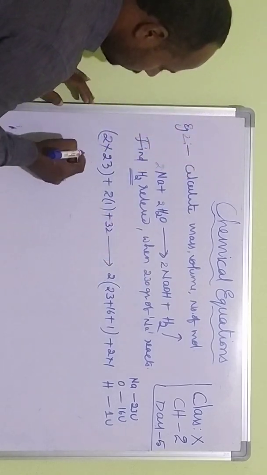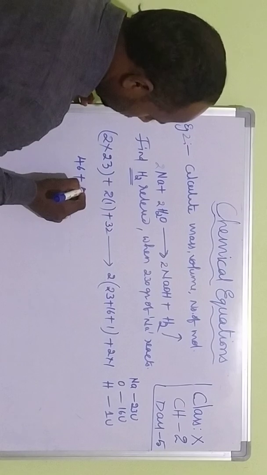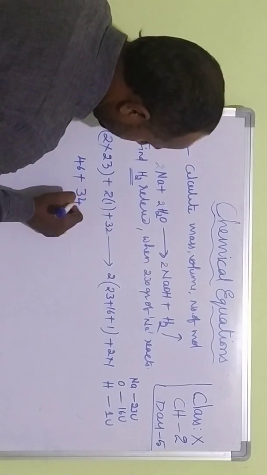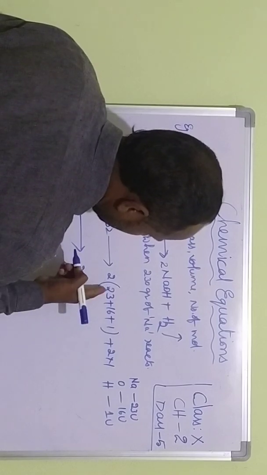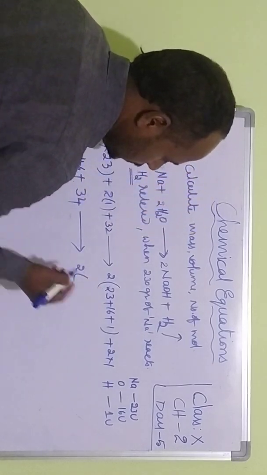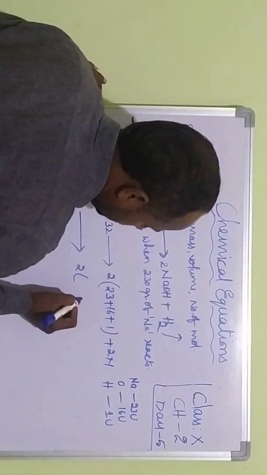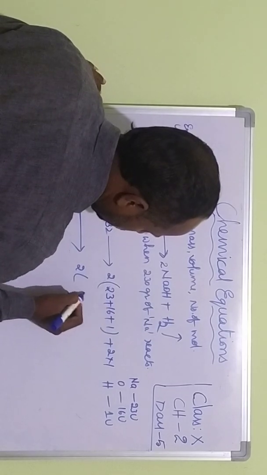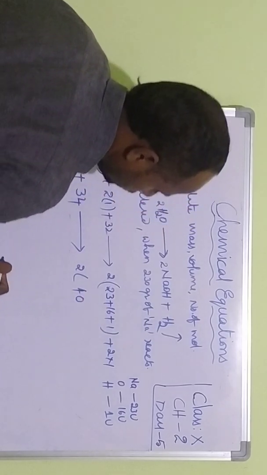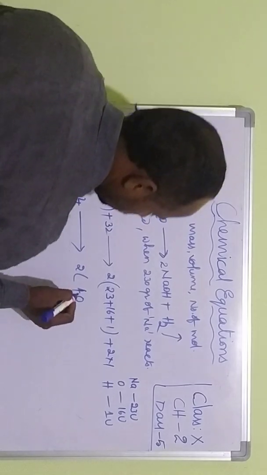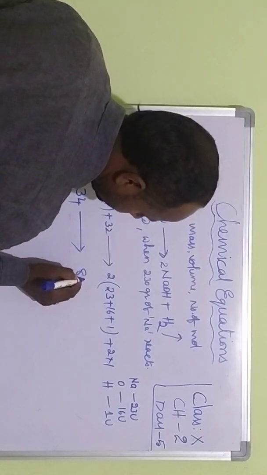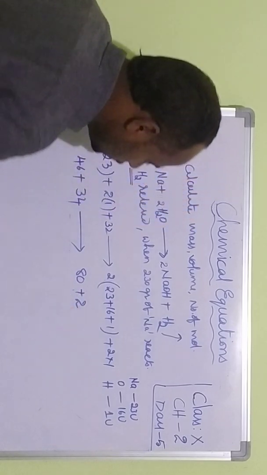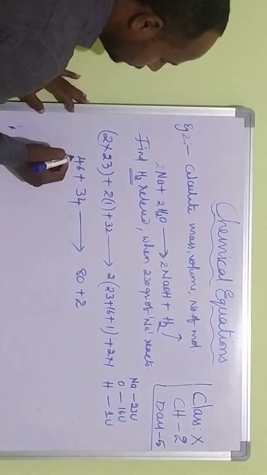Then 46, 34. Here 2 into 23 plus 16 plus 1, that is 40, 2 into 40, 80, directly I am writing 80 plus 2.